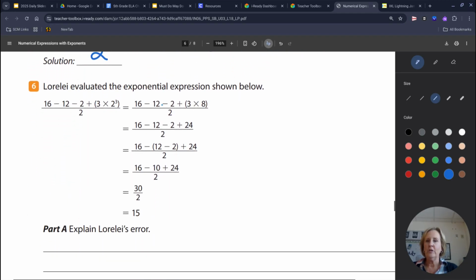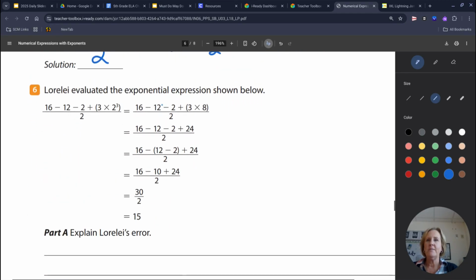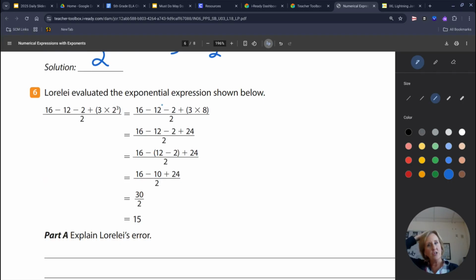All right, Lorelei evaluated this exponential expression shown below. Okay, so let's see here. She rewrote it, and the only thing I'm seeing that's different is 8. So 2 to the third power, 2 times 2 times 2 equals 8.